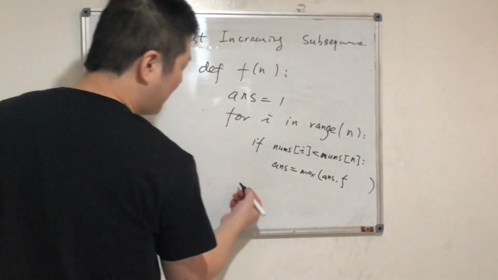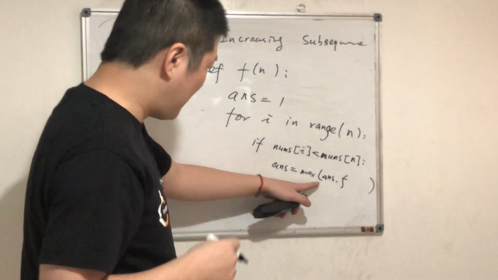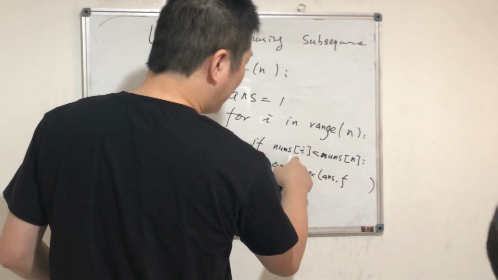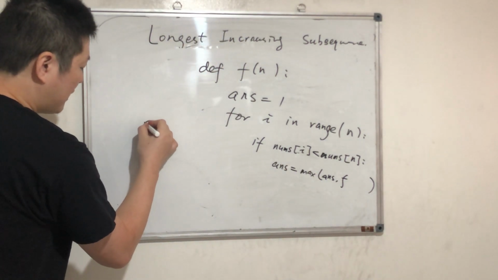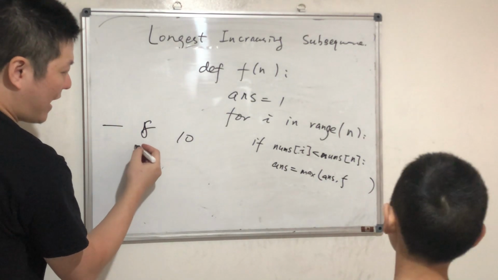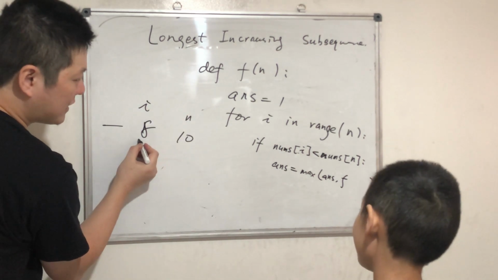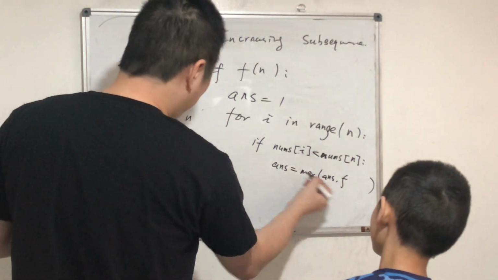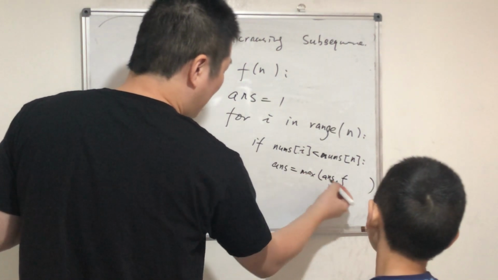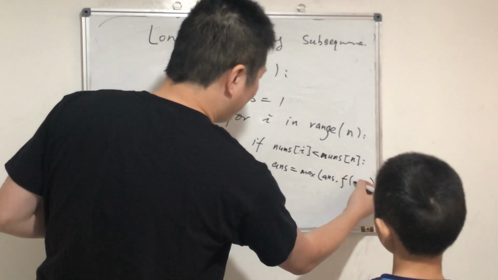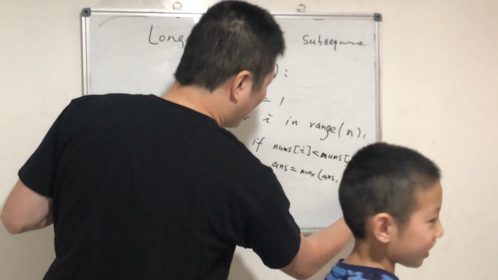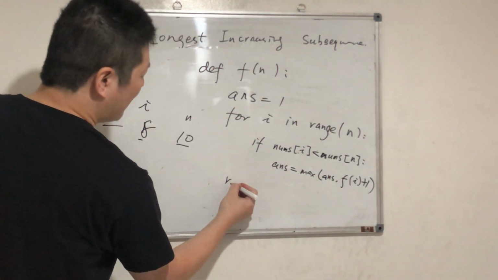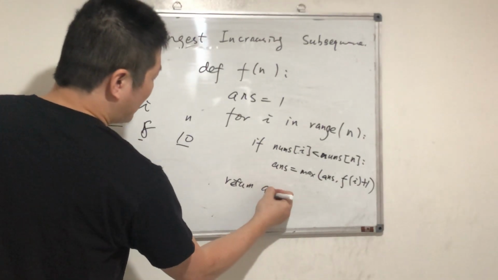F of i, add 1. Remember, this is i, this is i, this is n. If this number is smaller than this number, the answer will be the maximum of answer and Fi plus 1. And return the answer.